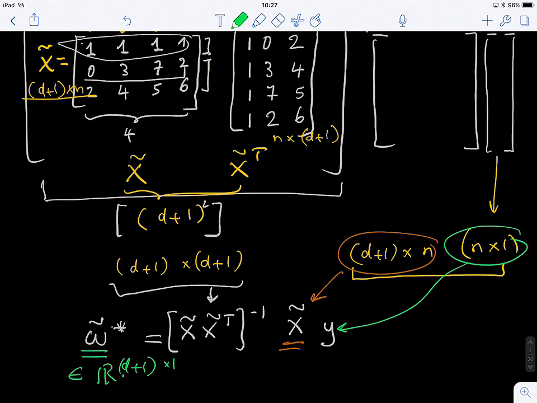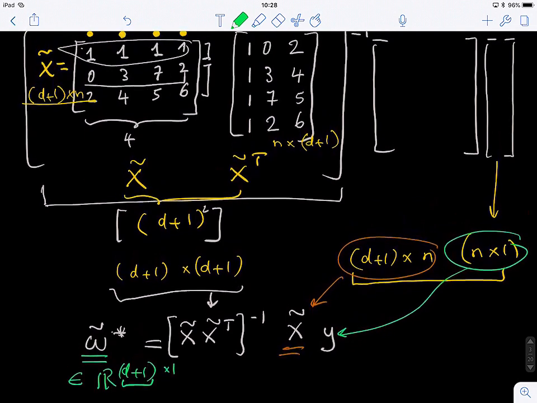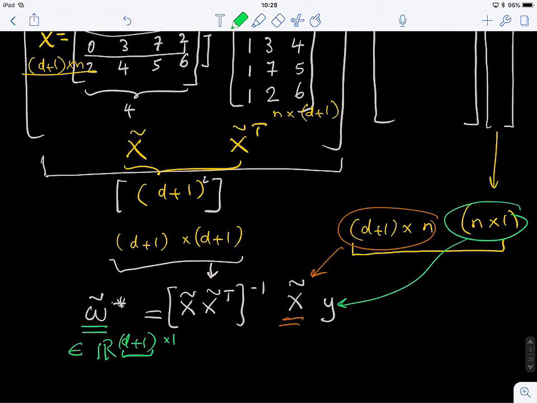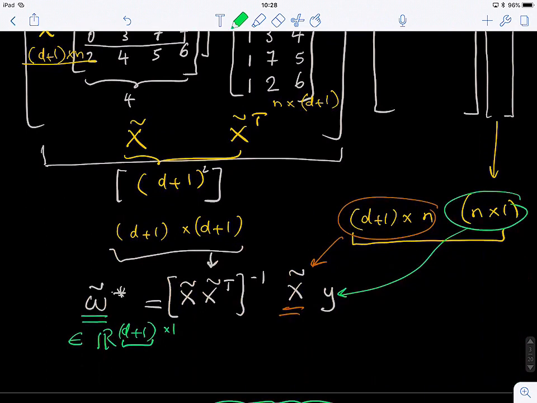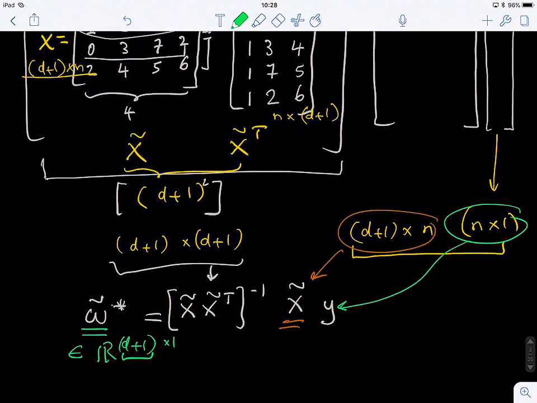Even if you write it D plus 1, it's just a long column vector, okay? So if we multiply those, this should get us the D plus 1. The n should disappear by doing these multiplications.